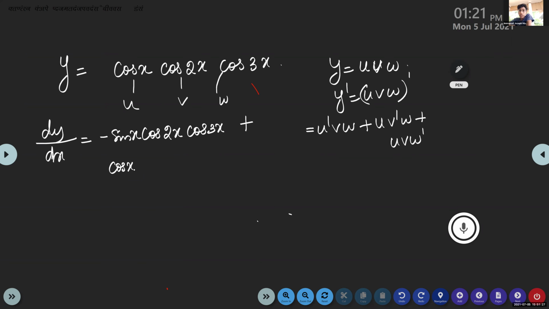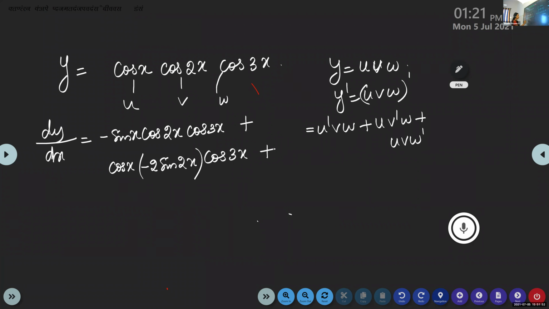Minus 2 sin 2x. Derivative of cos x is minus sin x, so derivative of cos 2x is minus sin 2x into 2, into cos 3x. We keep the third function as such.